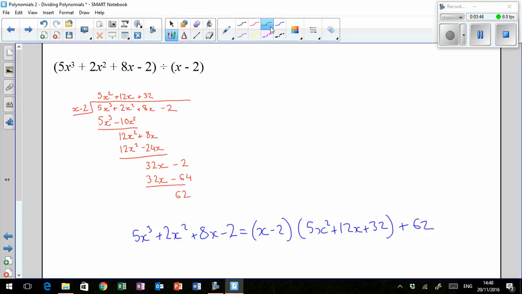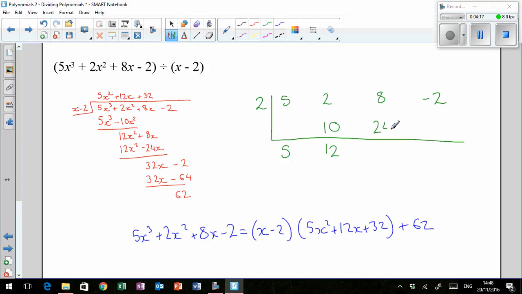Now, what we absolutely do not want to have to do is this every time we want to divide a polynomial, because it's an absolute nightmare. But if we use synthetic division with that initial polynomial, which is 5x cubed plus 2x squared plus 8x minus 2, and use 2 at the side, 5 comes down, 5 times 2 is 10, 2 add 10 is 12, 12 times 2 is 24, 8 add 24 is 32, 2 times 32 is 64, and then minus 2 add 64 is 62.